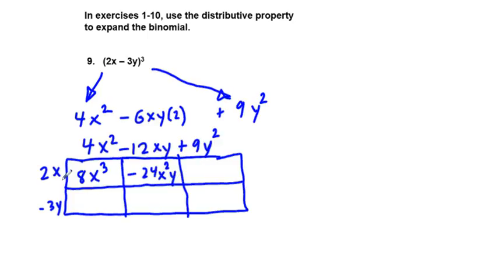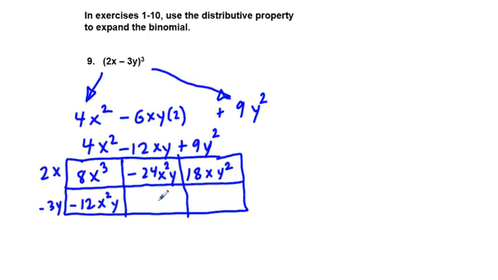In the upper right, we're going to have 2x times 9y squared, so we're going to have 18xy squared. In the lower left, we have negative 3y times 4x squared, so we're going to have minus 12x squared y.